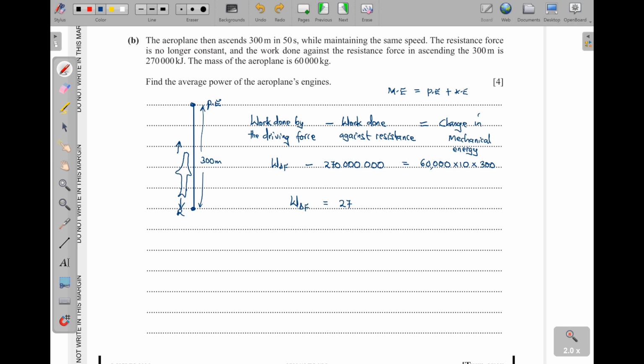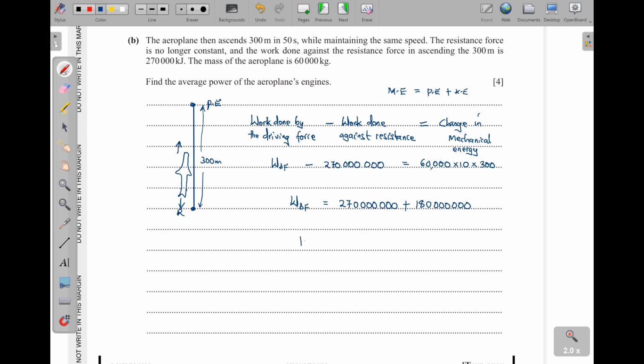So we shall have 270, then these other zeros, plus when we multiply here, 6 times 3, that is 18. So I will have 18. Then how many zeros are here? 1, 2, 3, 4, 5, 6, 7. So I add on 7 zeros on the 18. That is that.